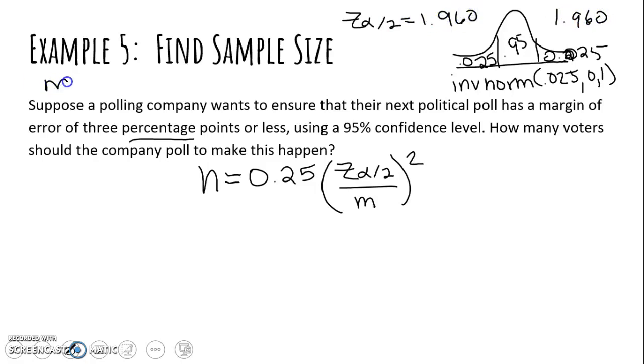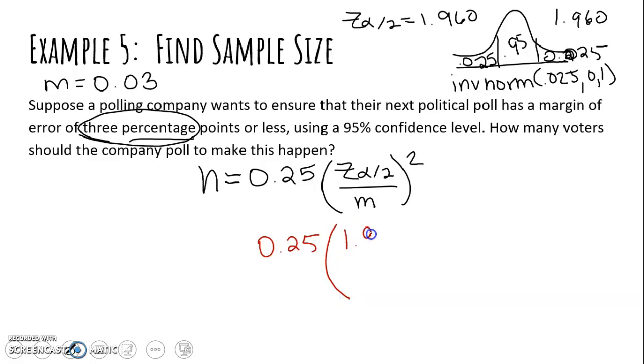M, margin of error. So the margin of error is within 3 percentage points. So you need to write this as a proportion. So 3% is really 0.03. So now we're going to fill in the formula, and we get 0.25 times 1.960 over 0.03, squared.